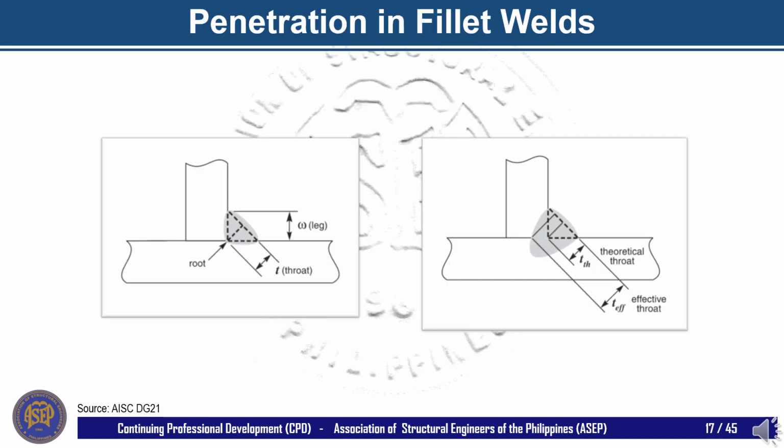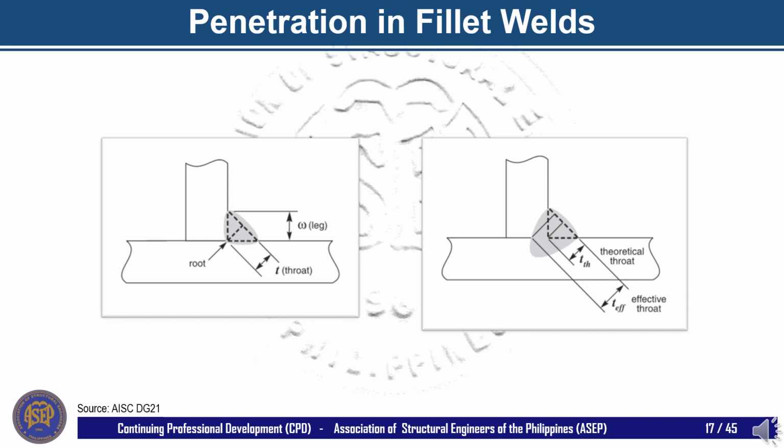In theory, a flat-faced or convex-faced equal leg fillet weld in a 90-degree T-joint has a throat dimension of 0.707 W, where W is the leg size shown on the left image. This assumes that fusion is achieved to the root of the joint, but not beyond that point.